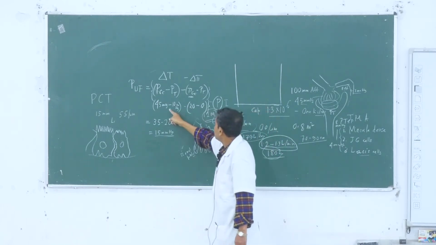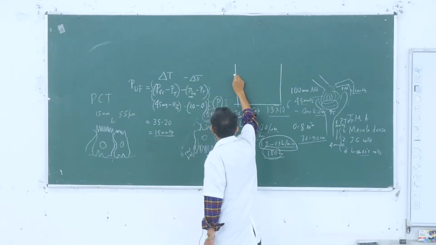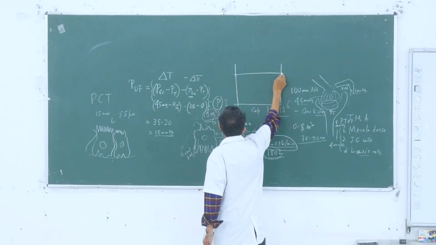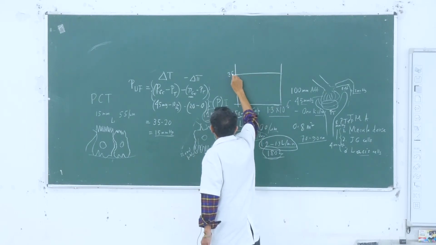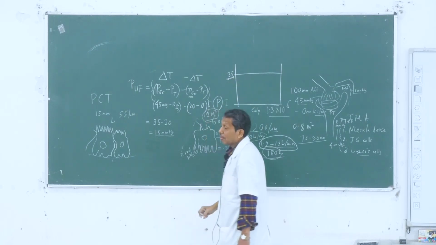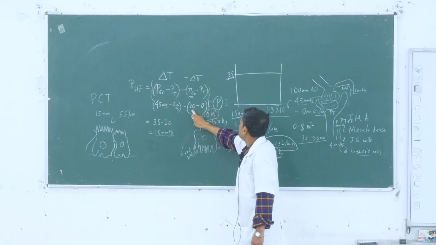So delta P is 35 millimeter, and delta pi is 20.